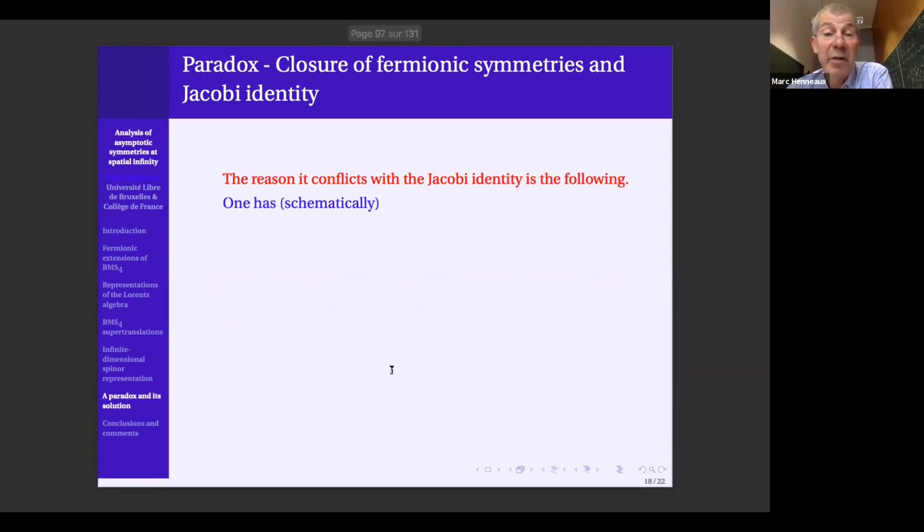And this will conflict with the Jacobi identity, but I told you that if you do the Hamiltonian analysis correctly, Jacobi identity should hold on the Poisson bracket. I mean, the symplectic form is closed and the brackets then obey the Jacobi identity.